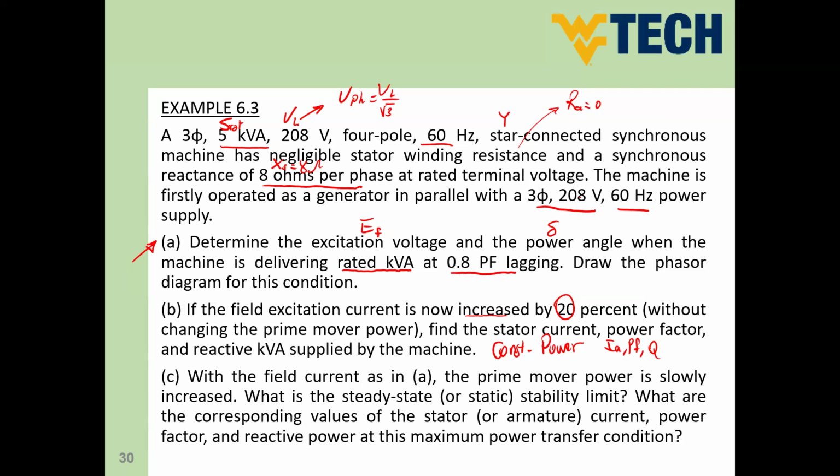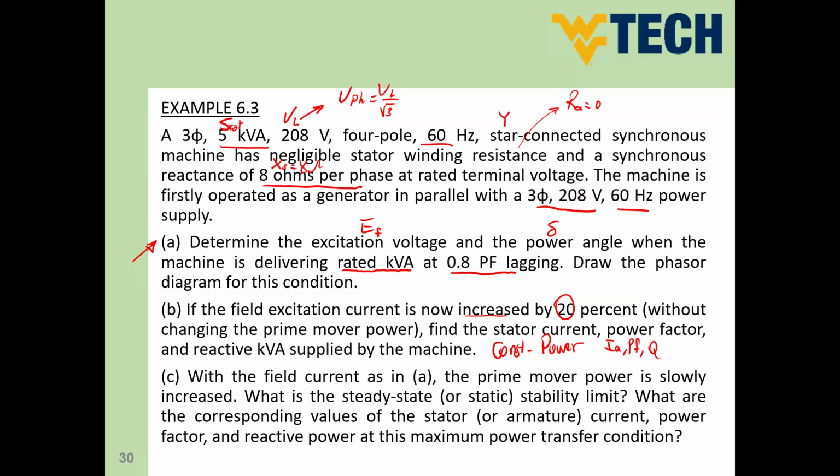So you have to have a sense of the machine and understand its limits. This question lets you know not to increase the power without knowing the limits. So this is the purpose of this part of the question. We need to know what the limits of our machine are.